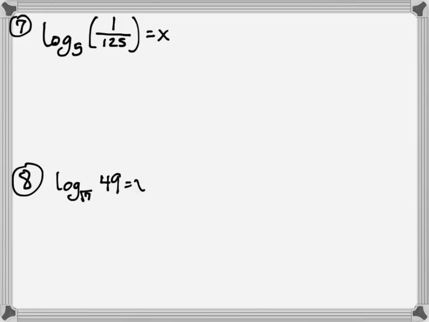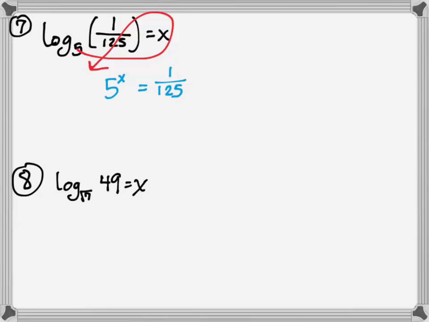Now, this next one, we are going to be working with trying to identify what will create these unique answers. So here we have a fraction with the number in the denominator. That means we need to figure out how we can get it down there. So 5 to the x is equal to 1 over 125.